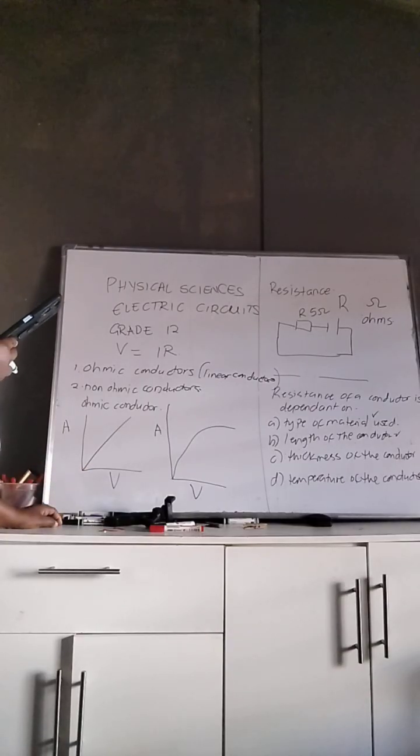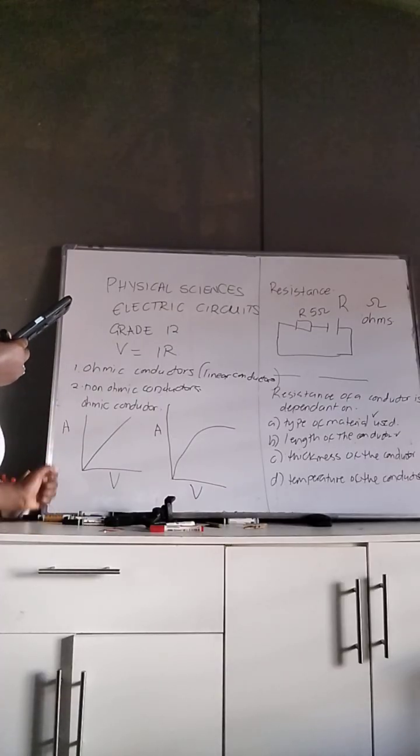That's what it means. Metals and alloys obey Ohm's law. Carbon is a non-metal, but it also obeys Ohm's law. For most other materials, the resistance is not a constant and changes with the applied potential difference.